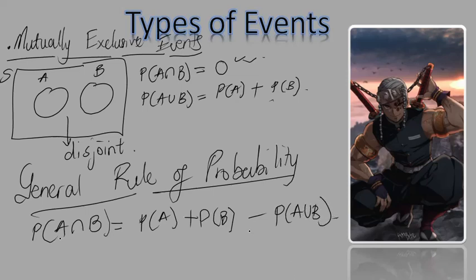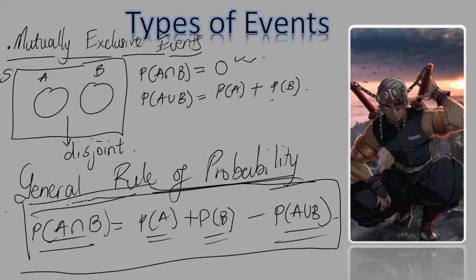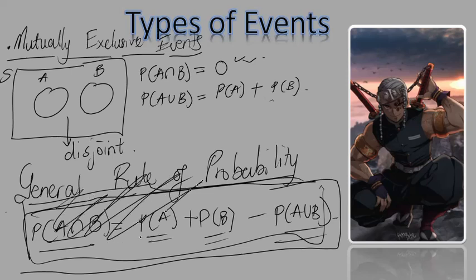This way: the probability of the intersection equals the probability of A plus the probability of B minus the probability of the union. This formula applies to everything in probability. In any Venn diagram, you can use this formula.